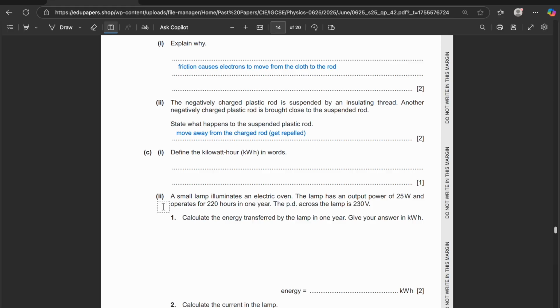Let's see, we want to find kilowatt hour in words. So kilowatt hour is the unit of energy, and it shows the energy transferred, because it says hour, right? Energy transferred in 1 hour at a rate of 1 kilowatt.